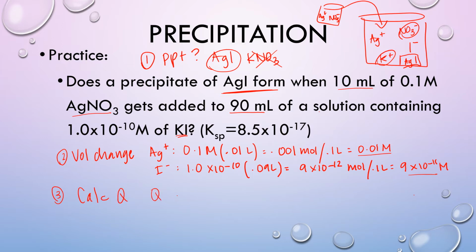Q is equal to the concentration of silver times the concentration of iodide, both of them raised to the 1 because their coefficients are 1. So I'm going to plug in 0.01 times 9 times 10 to the negative 11, which is going to give me 9 times 10 to the negative 13. So that is Q. Now let's compare.